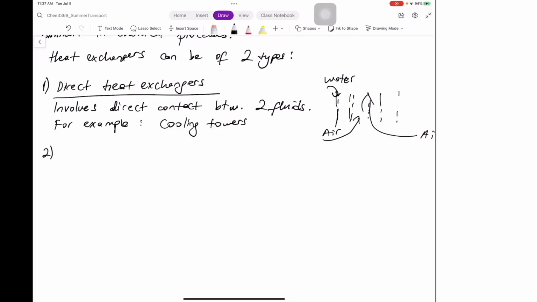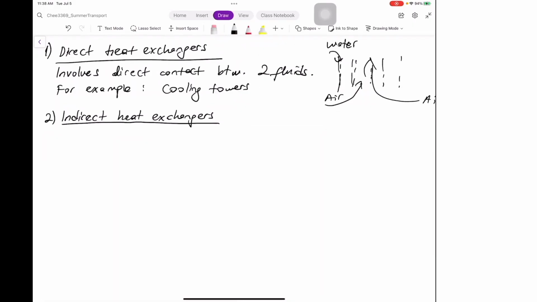Okay. They can also be indirect heat exchangers. And this involves indirect contact.